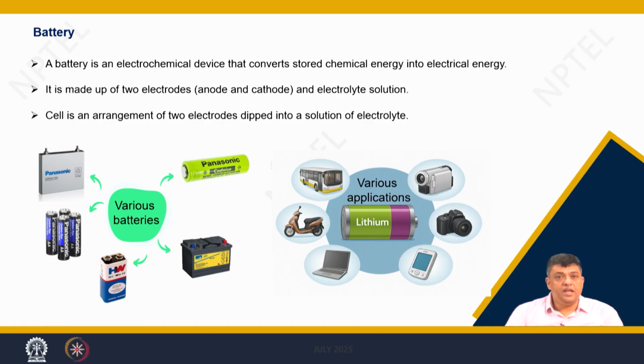So, a battery is an electrochemical device that converts chemical energy into electrical energy. It is made up of two electrodes, anode and cathode, and has an electrolytic solution. These electrodes are dipped in the solution of the electrolyte, and you have been seeing or using various types of batteries for different applications.